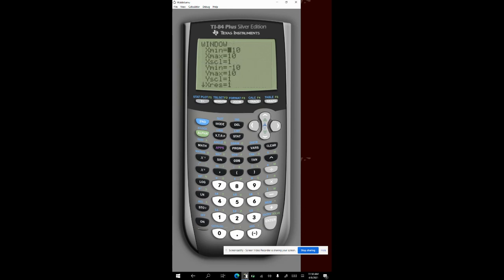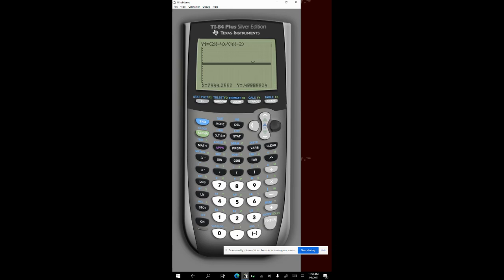And if I change my window to like 10,000 for my X max, and I trace, see how I'm really close to 0.5? And the further I go to the right, the bigger I get, and I get closer and closer and closer to 1/2.